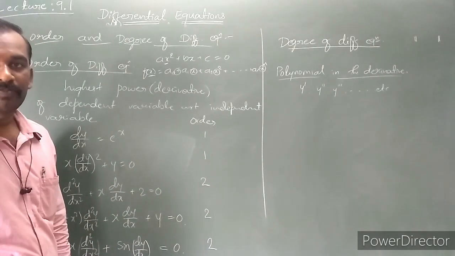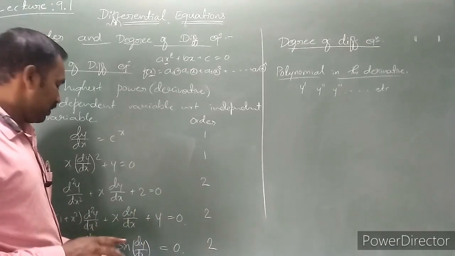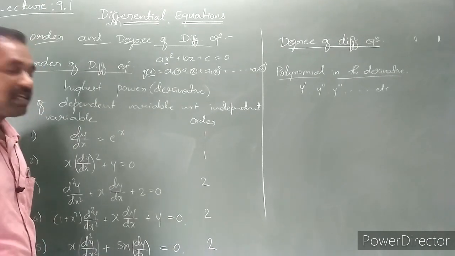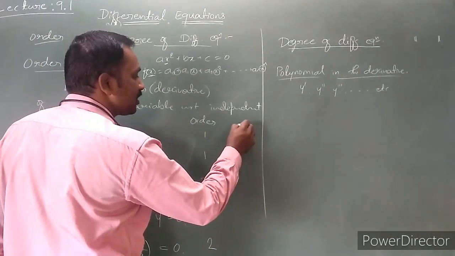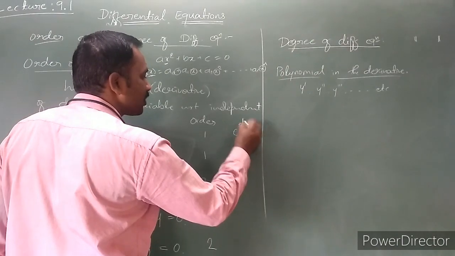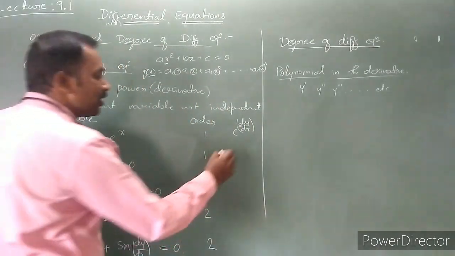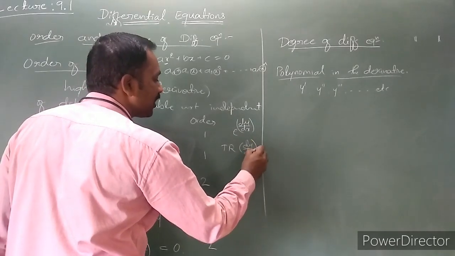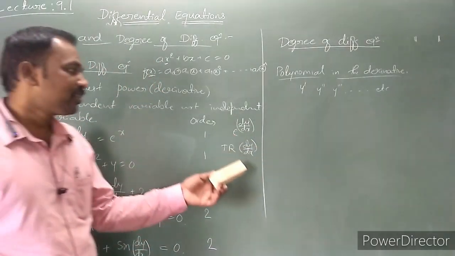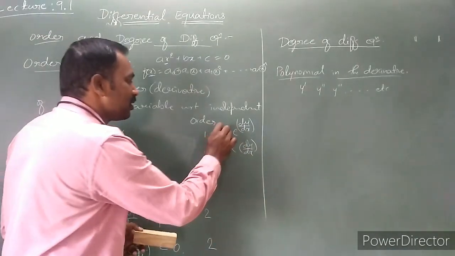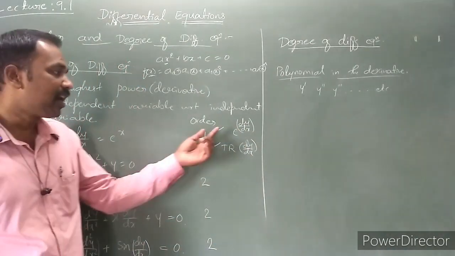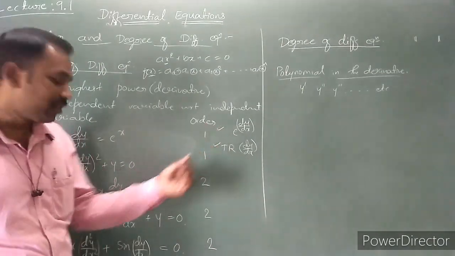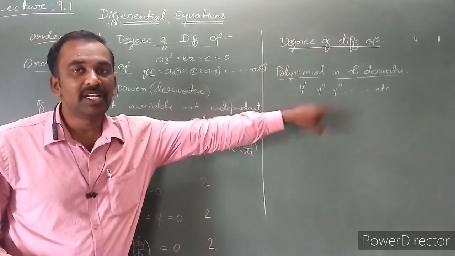The differential equation is not a polynomial in dy by dx if we have e power dy by dx, or e power any derivative, or trigonometric ratios of any derivative. In this case, the differential equations are not polynomial in derivative.